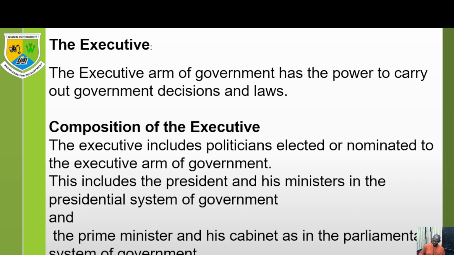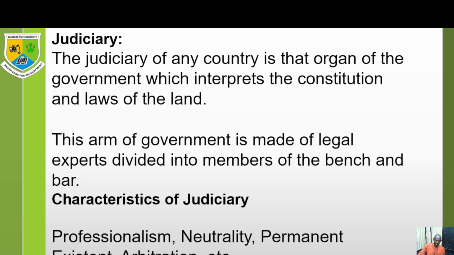The composition of the executive is as follows: the executive includes politicians elected or nominated to the executive arm of government. This includes the president and his ministers in the presidential system of government, and the prime minister and his cabinet in the parliamentary system of government.